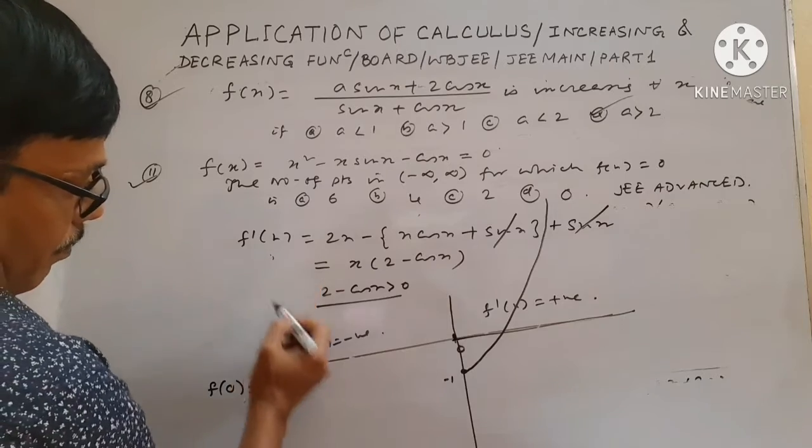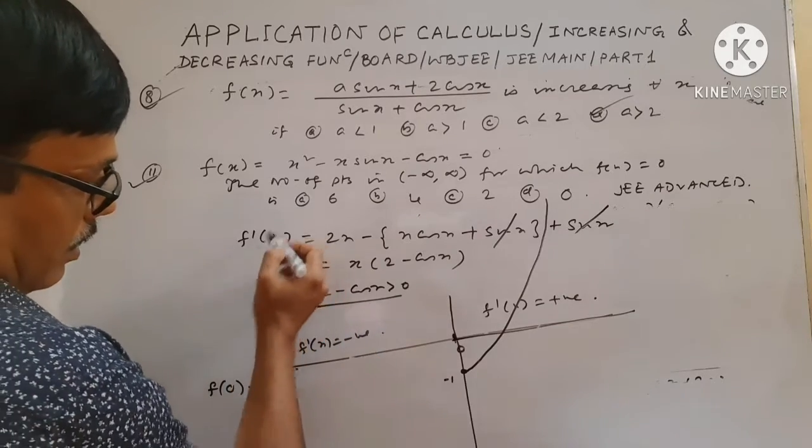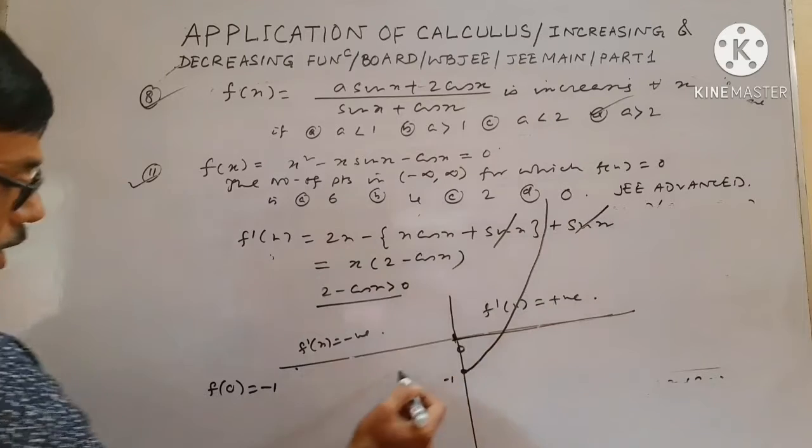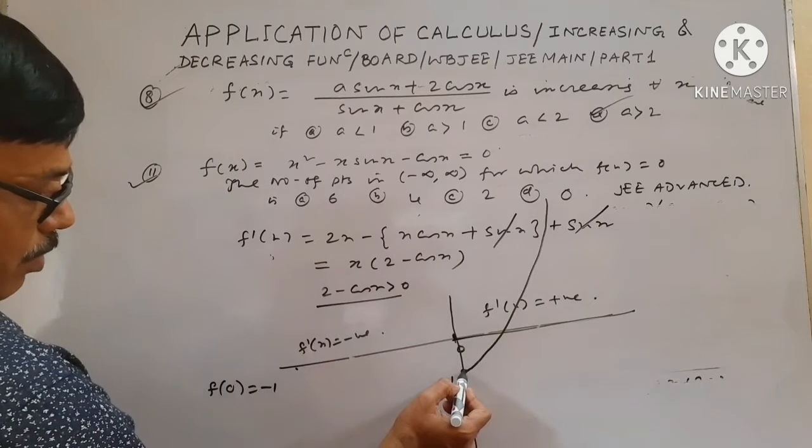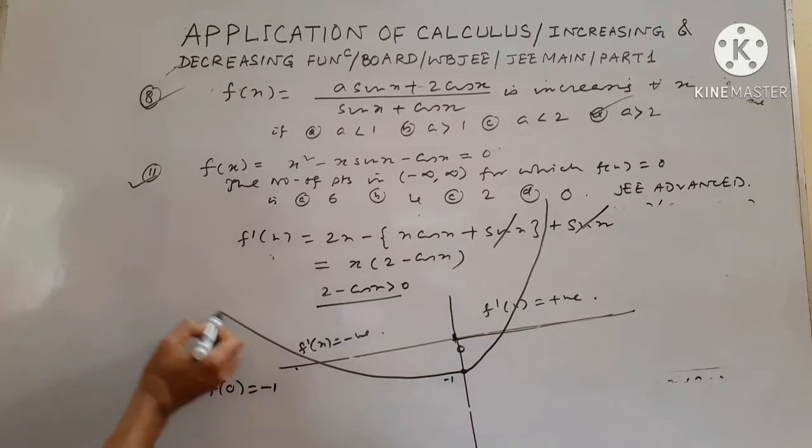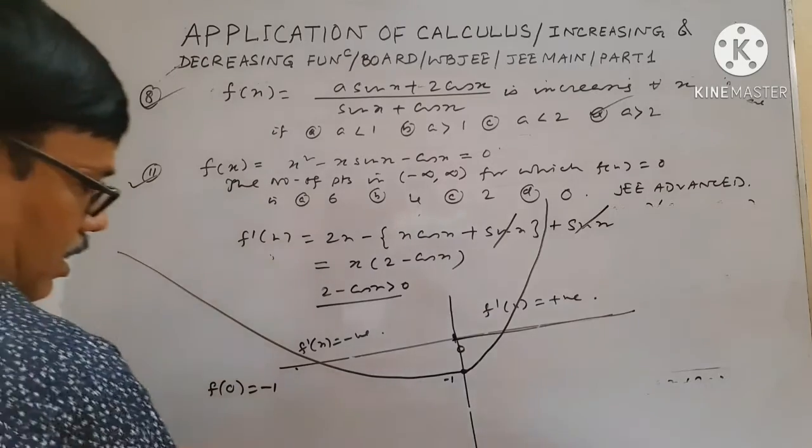It is decreasing, not like a parabola, any type of decreasing curve, like this.